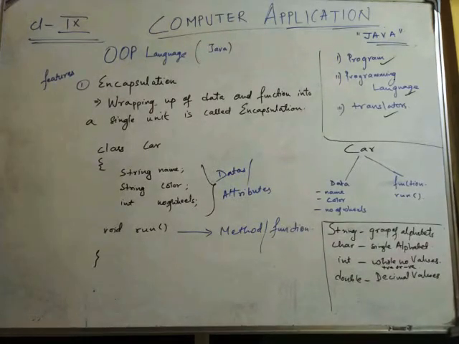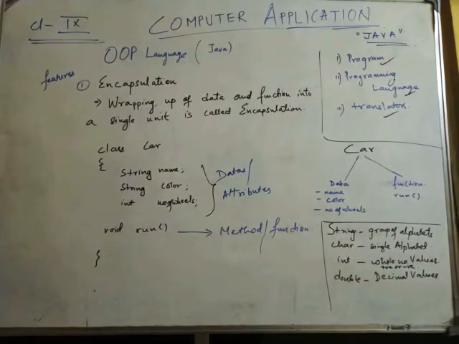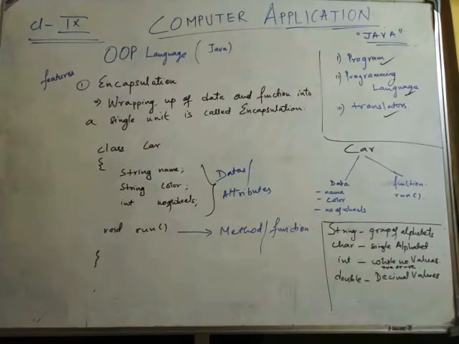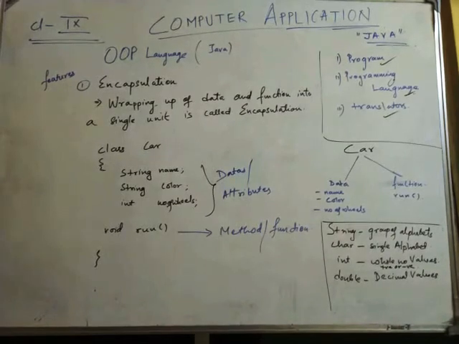So if you see, encapsulation means what? Wrapping up of data and function into a single unit is called encapsulation. How are we wrapping it? We can see two curly braces.